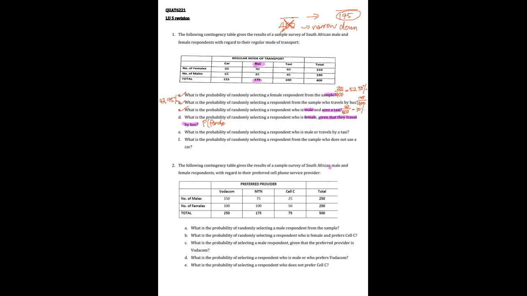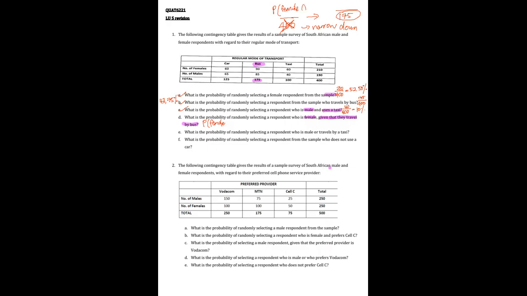Now for the numerator, it's simply the probability of a person who is female and who travels by bus. So the numerator here is, and I'm going to write it at the top, the probability of selecting a female, and this is a symbol we use for and.